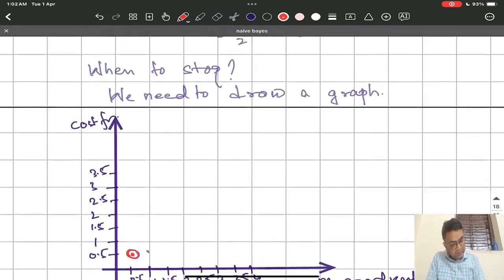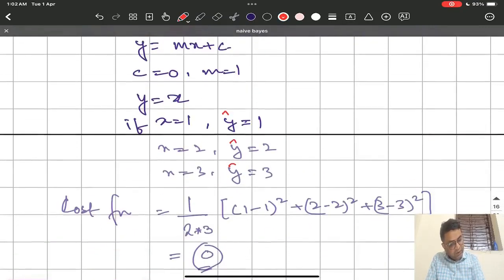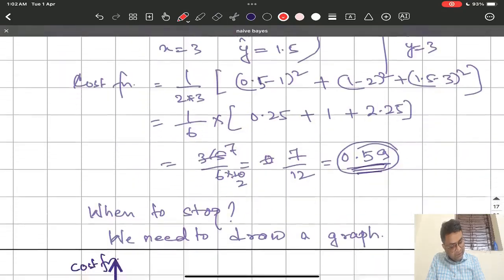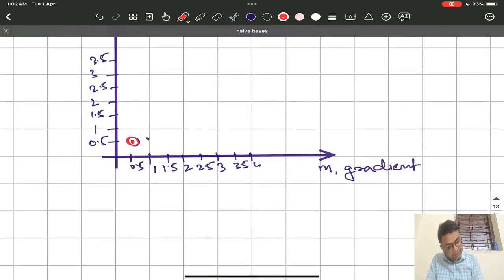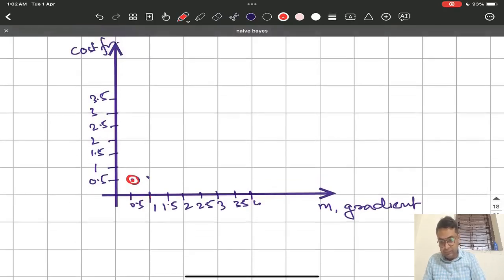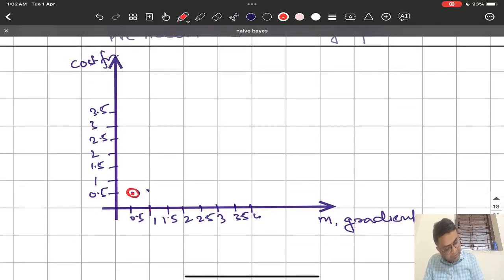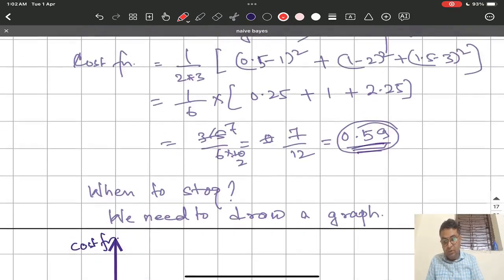Now when m equal to 1, what is the cost function? M equal to 1, the cost function equal to 0. It's here. In this way, you put m equal to 2, m equal to 3, and so on.